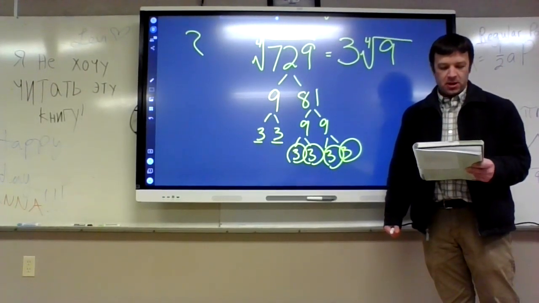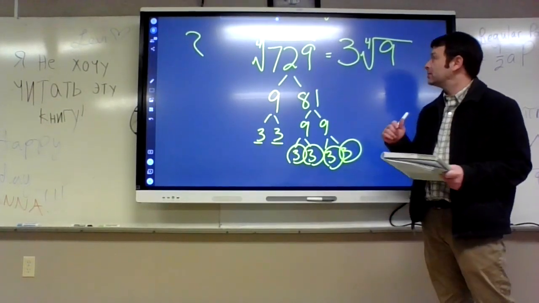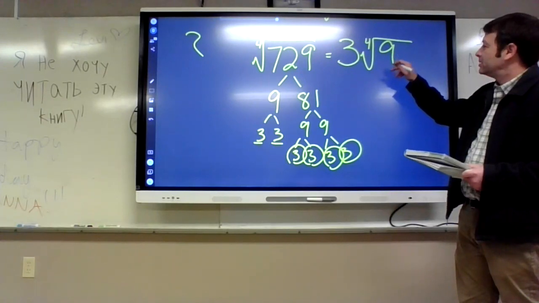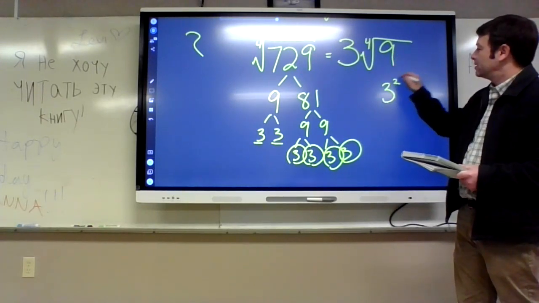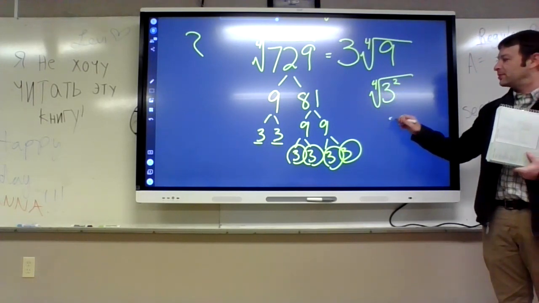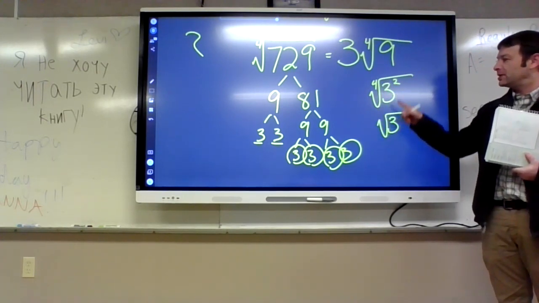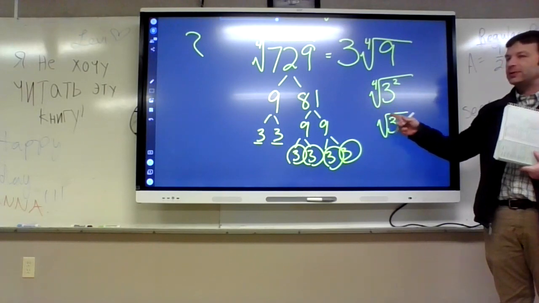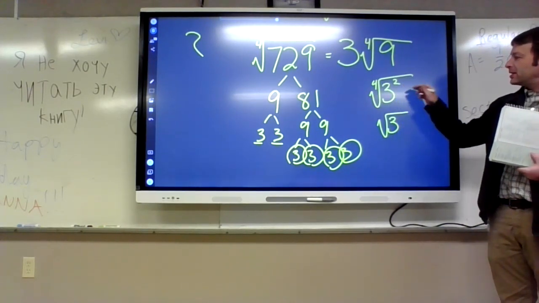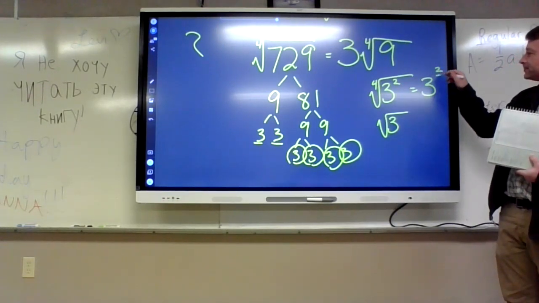Stupid book. Oh, no, I know what they did. They simplified this a little bit. The 4th root of 3 squared is also the square root of 3. It's like 3 to the 2 fourths reduced to 3 to the 1/2. You guys remember this trick?